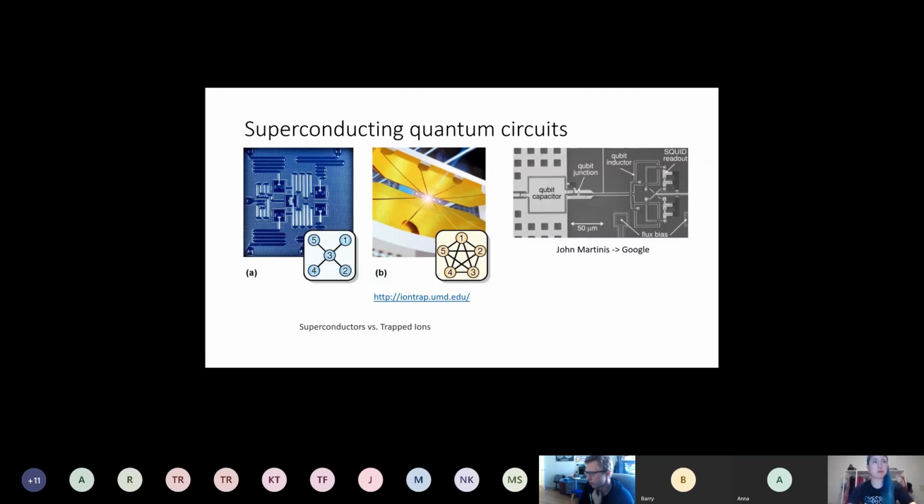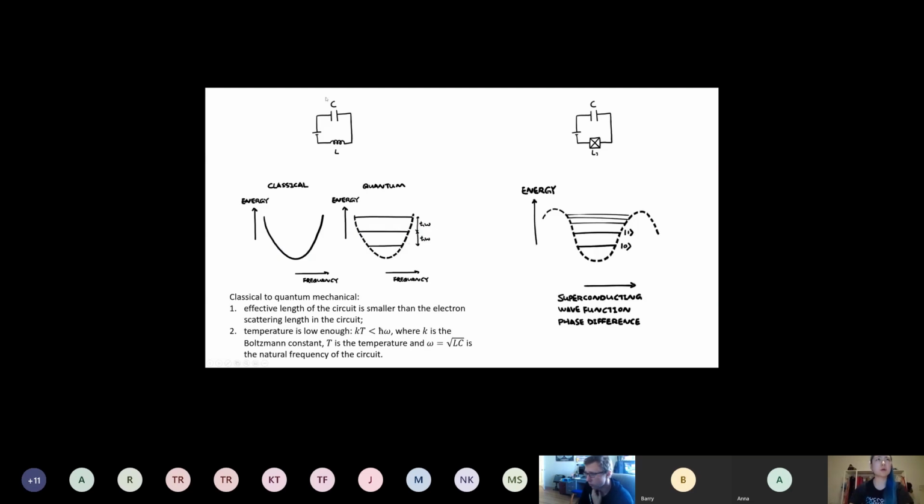Here are some quick pictures to show you there are all kinds of architectures that you can build on chip, making those LC circuits. If you're familiar with the LC circuit, you would know that its energy versus frequency would be like a harmonic oscillator shape.